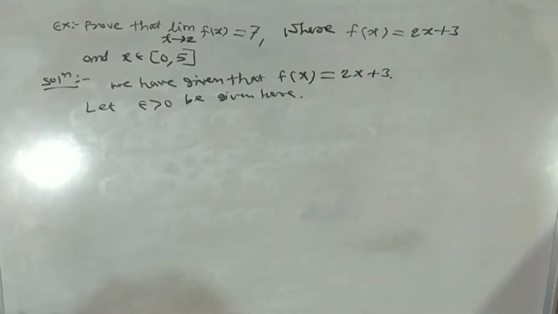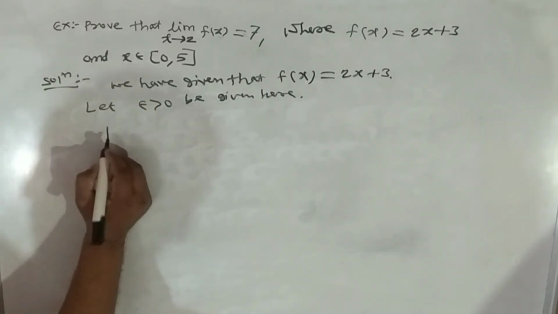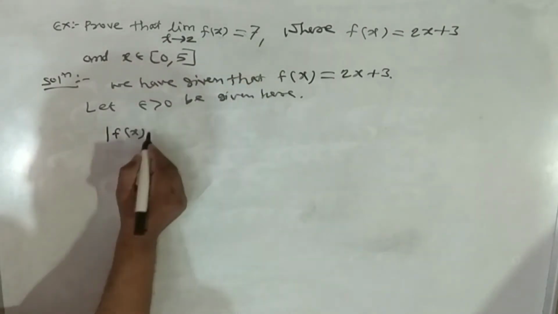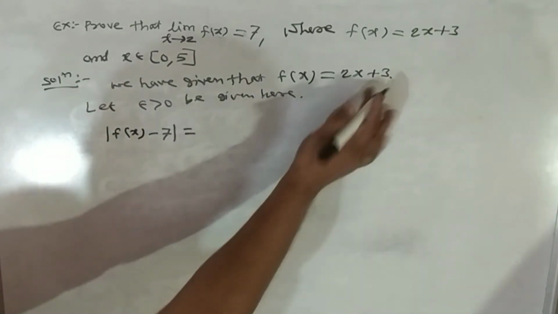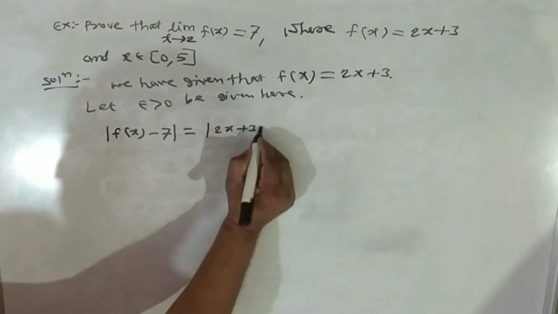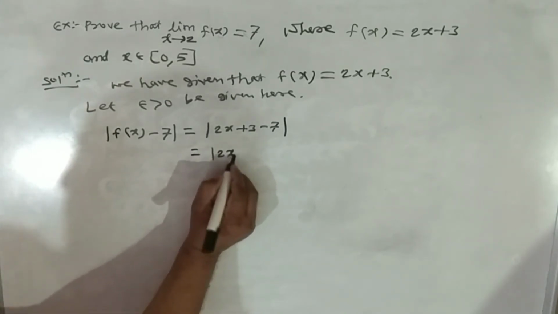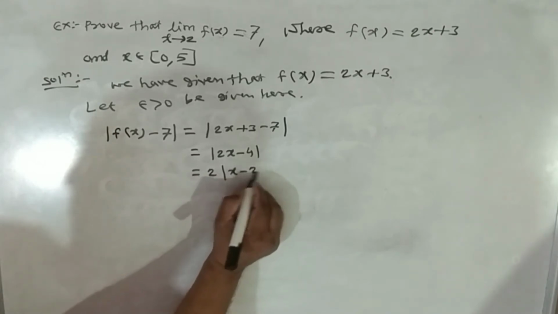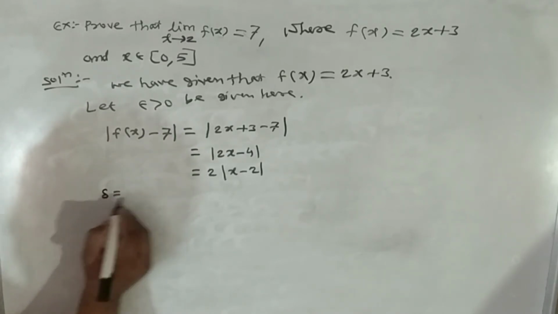Then mod f of x minus 7 is equal to mod 2x plus 3 minus 7, which is equal to mod 2x minus 4, and this can be written as 2 times mod x minus 2. We choose delta equal to epsilon by 2.